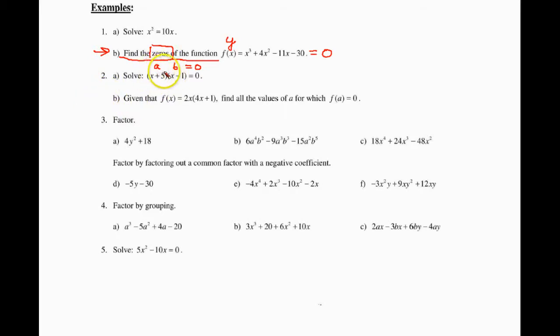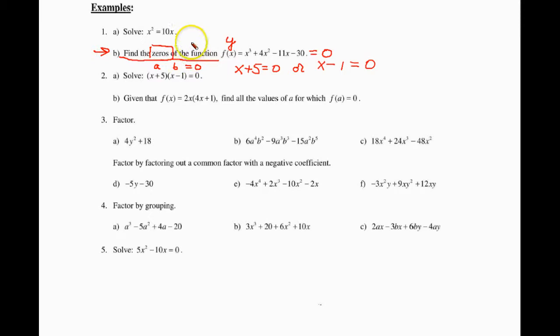So what did we say was the rule for solving this? This is already in its factored form. So we said take each of the factors, x plus 5, equal it to 0, and physically write the word "or," x minus 1 equals 0.